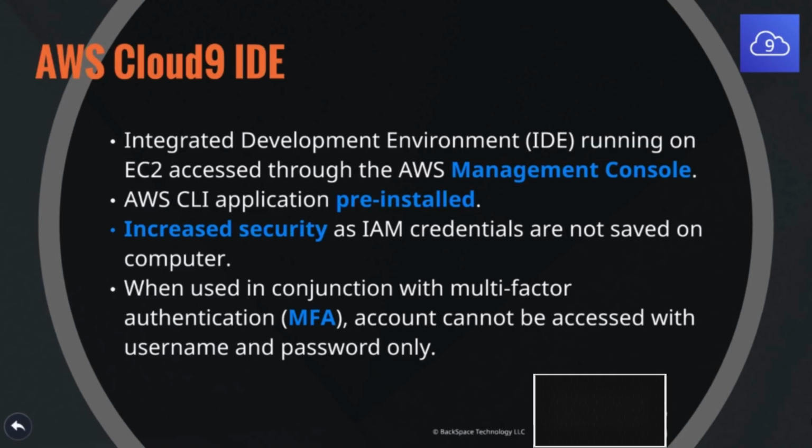Now, I predominantly use the AWS Cloud9 service for anything that requires CLI commands to be sent to AWS Cloud. The reason being is that it provides increased security because I don't have to download IAM credentials and have them sitting on a computer to be able to access that service.